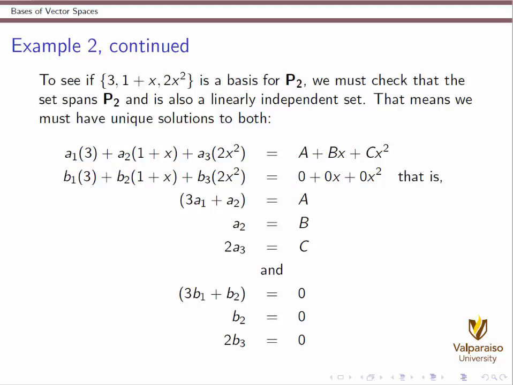So match up the coefficients of x squared and x and the constant term in the top equation, and match up the coefficients of x squared and x and the constant term in the bottom set. And here are the two systems of 3 equations and 3 unknowns that we get.